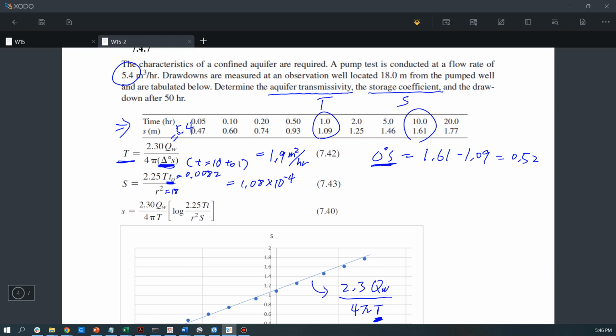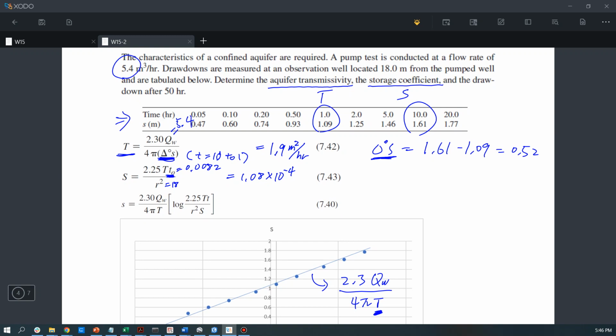After you know the characteristics of the aquifer, you can just apply another equation to calculate the drawdown after 50 hours. And this is equation 7.40 in the textbook. Now you know everything. You know the Q, which is 5.4. You know the T, that is equal to 1.9.